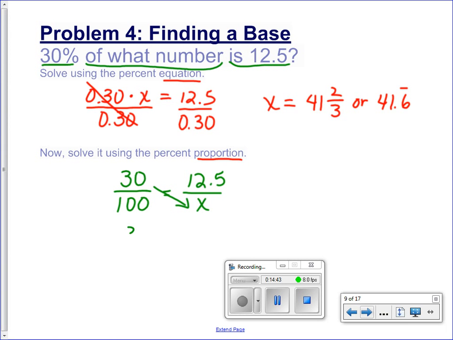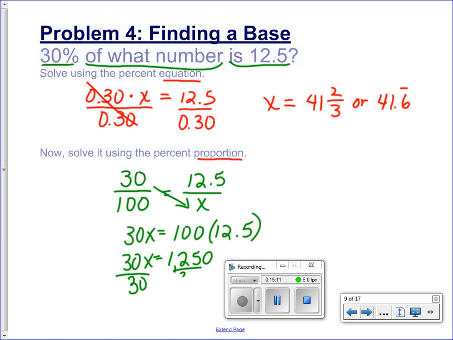Cross multiplying, we have 30 times x is equal to 100 times 12.5. That gives us 30x is equal to 1,250, and 1,250 divided by 30 is x equals 41.6 repeating, or 41 2/3.